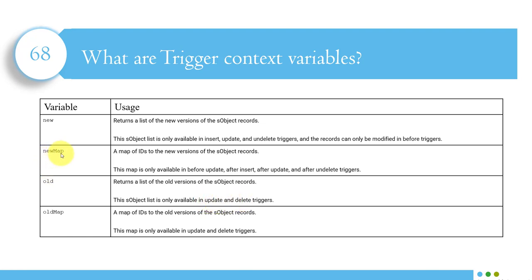Similarly, we have the new map as well as the old map. I would suggest that the best way to learn trigger.new, trigger.old is to create a new trigger and write system.debug with trigger.new. Go into each context, like before insert, before update, after insert, after update, and just debug trigger.new and trigger.old.